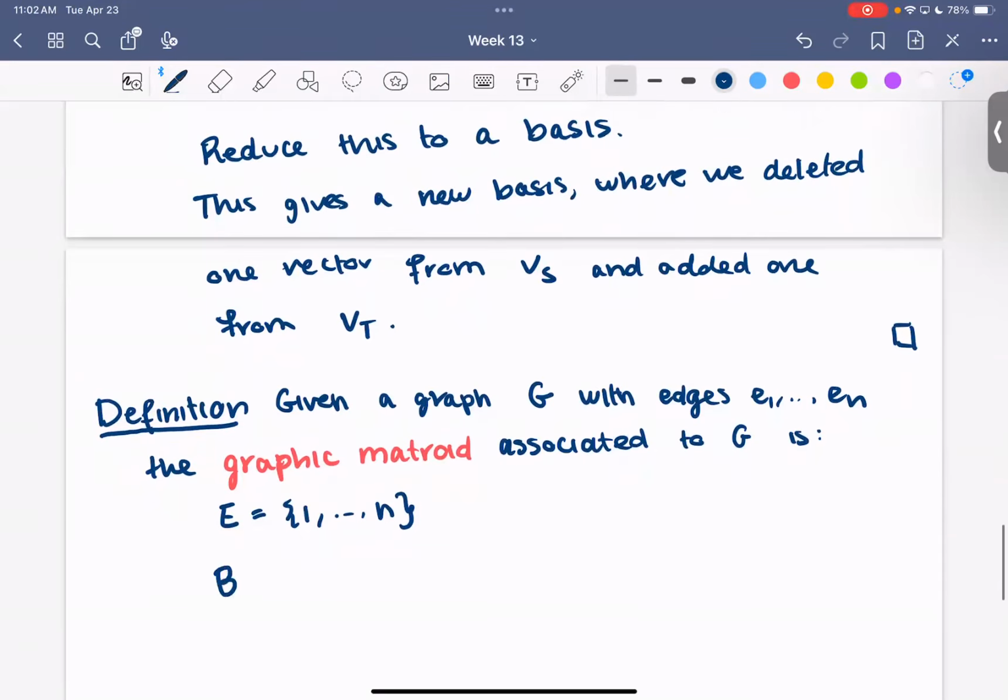And then the B's are going to tell you what the spanning trees of the graph are. So this is going to be the indices I1 up to I sub k such that EI1 up to EIK is a spanning tree.